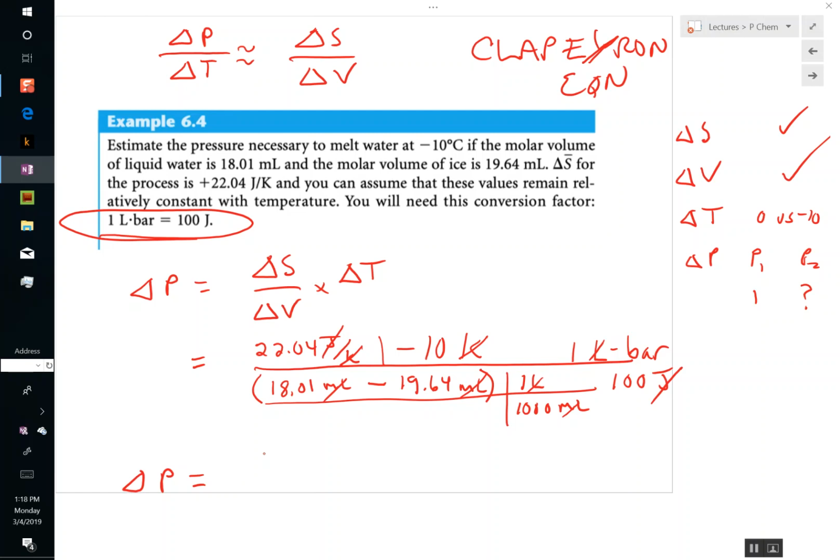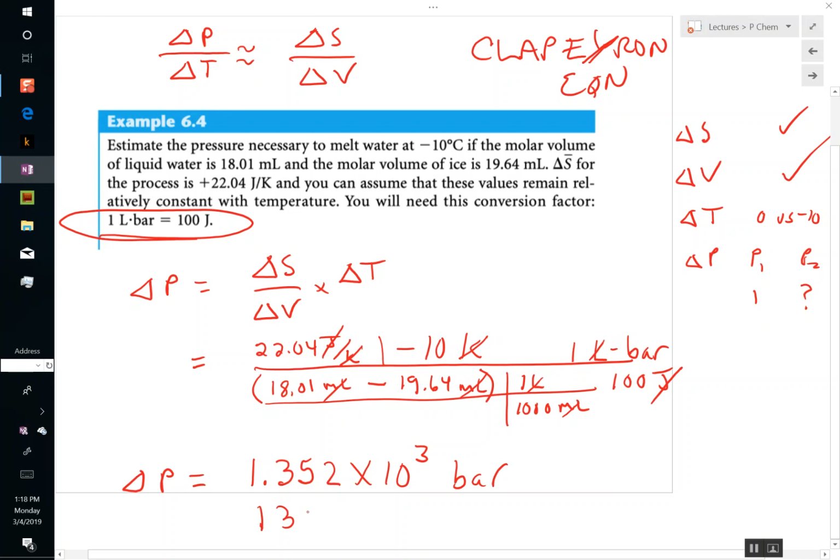That's what I got. Positive? Yeah. That's a lot of bars. Yeah, it's 10 to the 3rd, in bars. So what, it's 22.04 times 10 times negative 10, divided by negative 1.63 times 10 to the minus third.